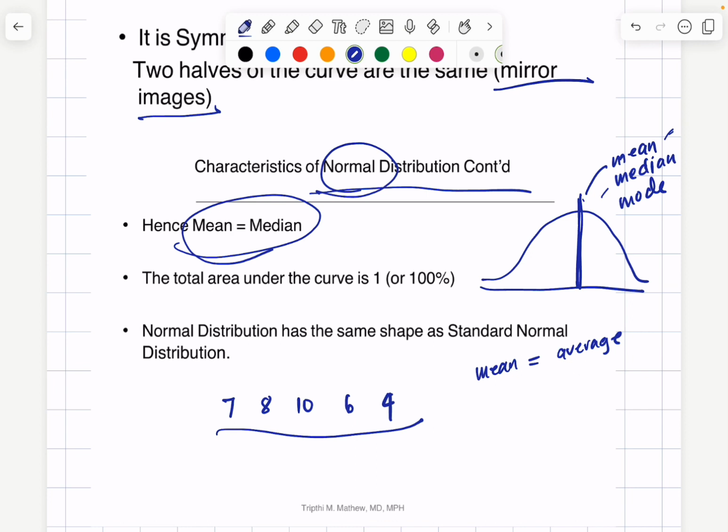We have to arrange the data first. So it's either ascending order or descending order. When we say ascending, it is from lowest to highest, and the descending is highest to lowest. So i-arrange sa siya nato, ang mag-una din ani is 4, next is 6, 7, 8, and 10. So sa may median na yun na to ani. So our median is 7.